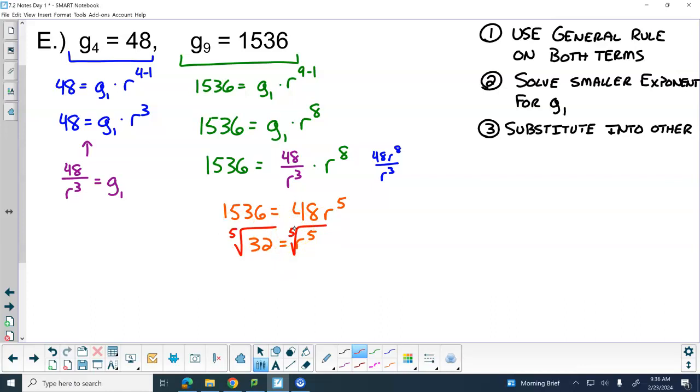Everybody know how to take the fifth root on their calculator? Most of you have the same calculator. You got to take 5 first. Then it's the second of the exponent key. Then it's 32. Then it's equals. Should get 2.